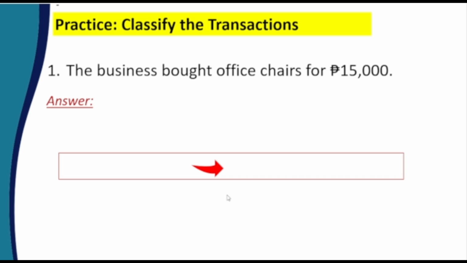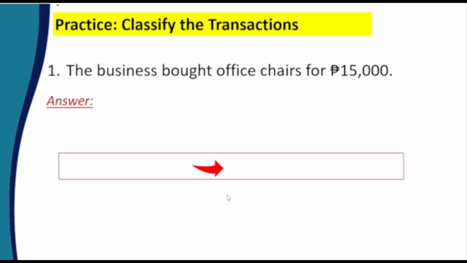Example, number 1, the business bought office chairs for 15,000. Guys, yung keyword natin dito is office chairs. So, dito pa lang, pag alam na natin na office chairs siya, so dapat meron na tayong idea kung saan natin siya ilalagay.